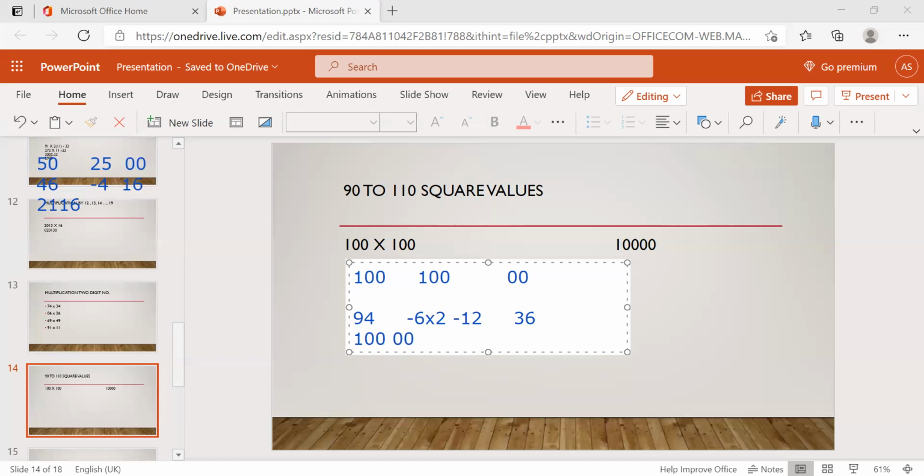Don't forget, I'm just giving the space for that one. 10,000 I'm writing like this. From 100, the minus 12 we are taking, and for 00, 36 is there. Now it is 88 and 36. The answer will be 94 square is nothing but 88, 36.